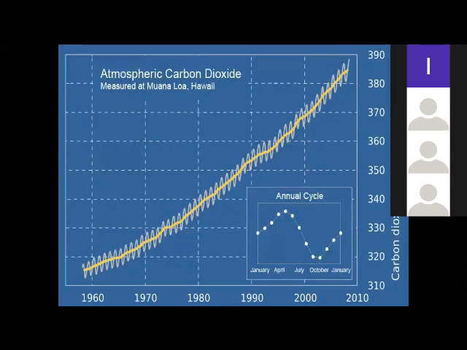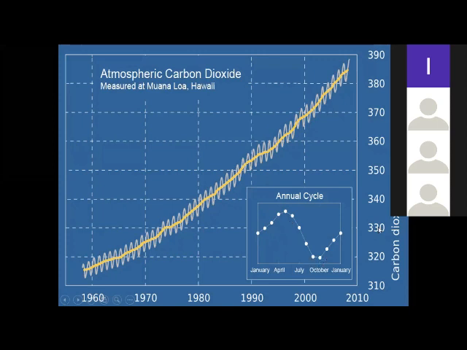Okay, this is just to show you how it looks. These are measured values, observations. As you can see, from 1960 to 2010, it is going up. This is the carbon dioxide concentration in the atmosphere. Within that increase, you see a very clear annual cycle. That is because during summertime, northern summer, the growth of trees and vegetation absorbs carbon dioxide, and then the concentration goes down.